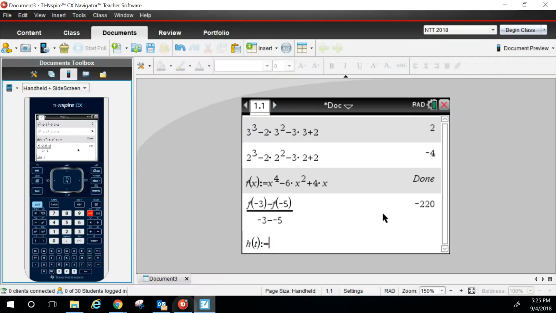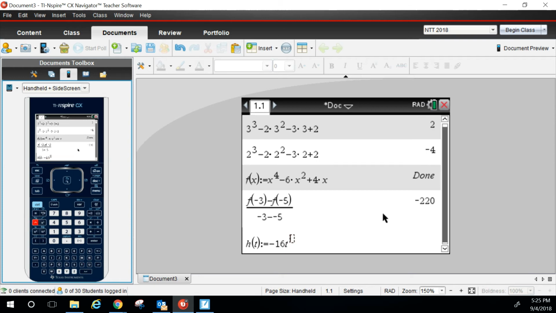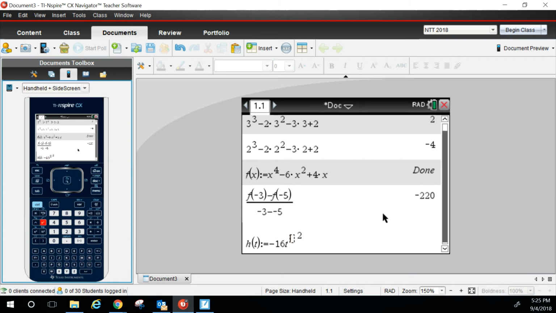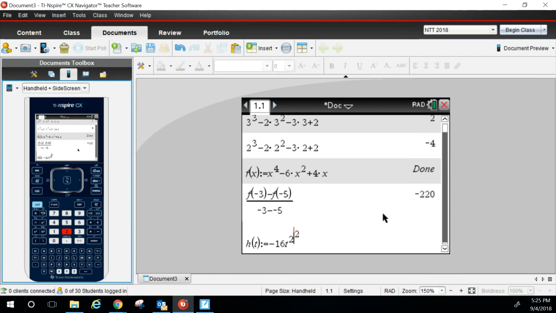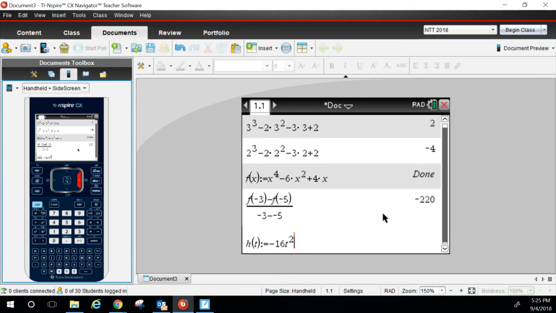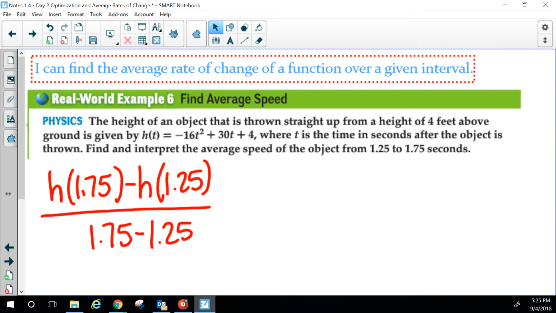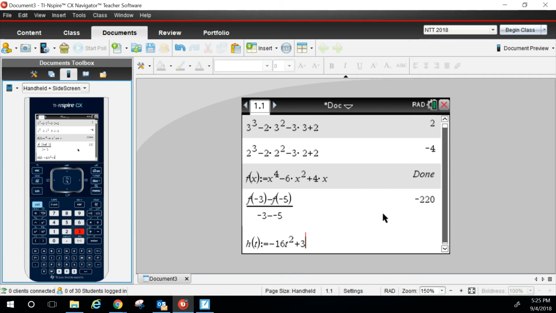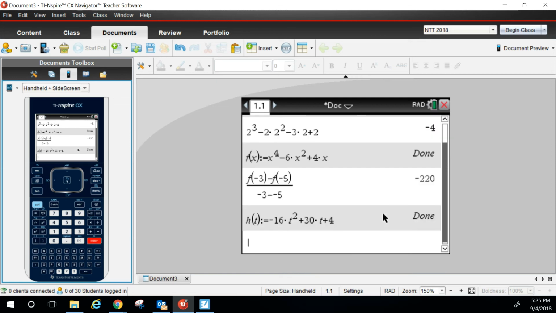Negative 16t squared, I don't want t squared squared. And then plus 30t plus 4. Hit enter. It says done. So now it knows what h of t is.